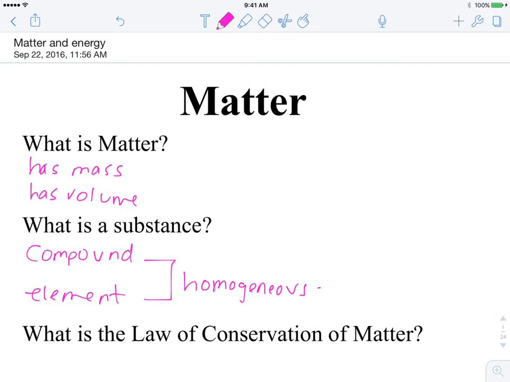Well, for us, and you may have heard the term Homo sapiens, in biology, you've heard heterozygote and homozygote. And so for us, homogeneous means that you are uniform. You have a uniform composition.